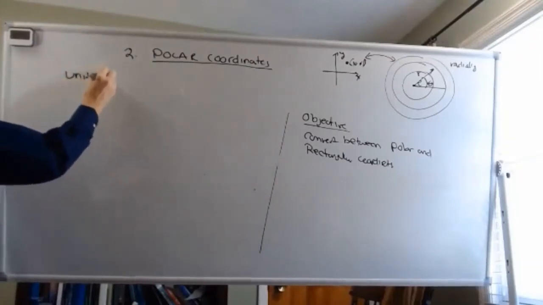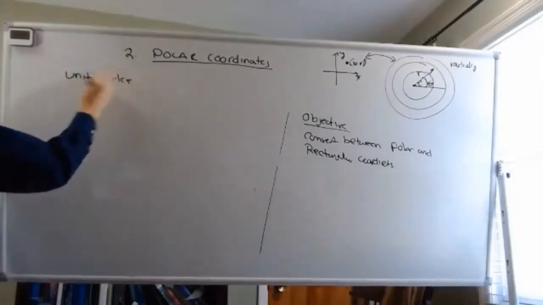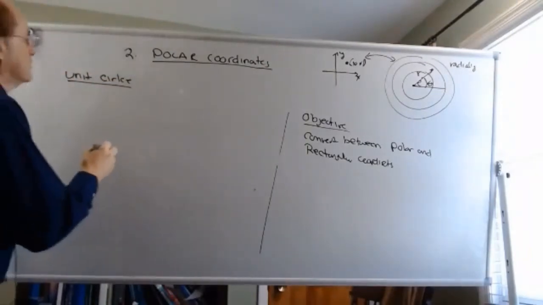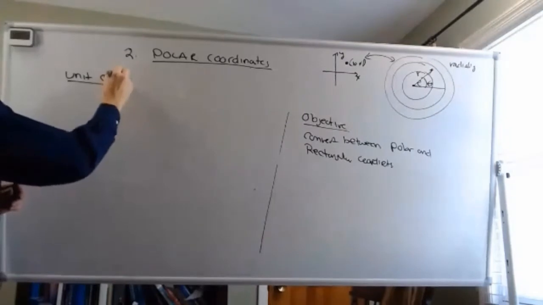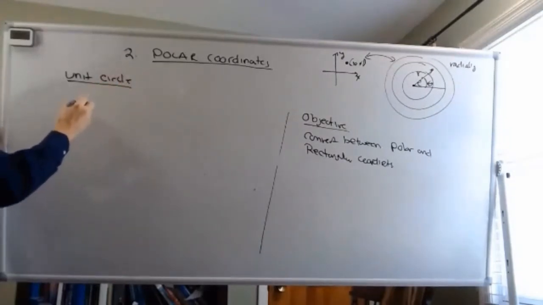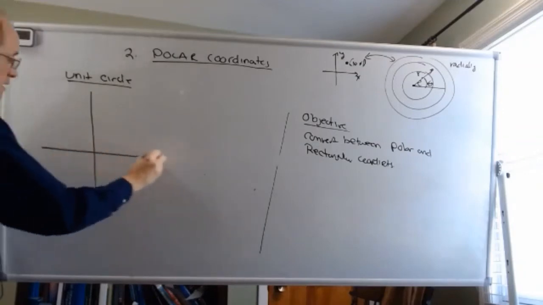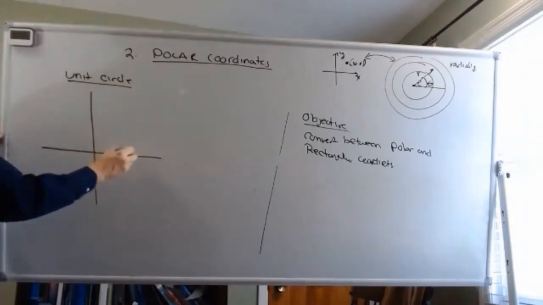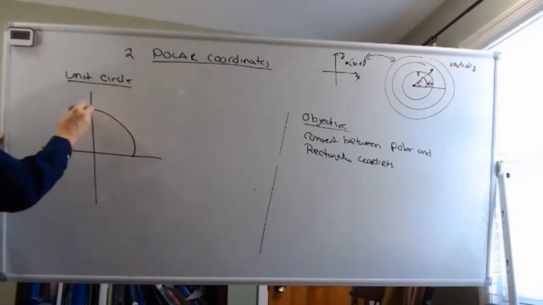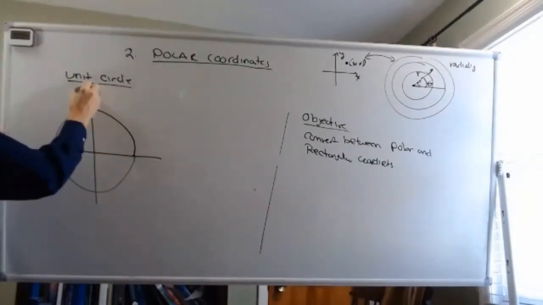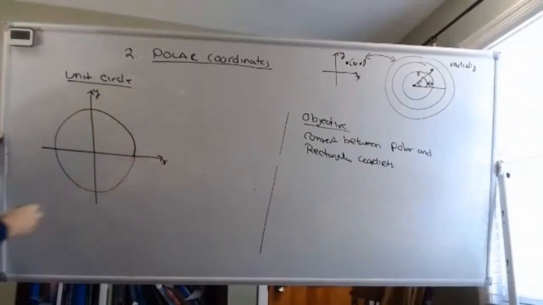You notice I've been using the unit circle all throughout. That's why I started with it, because it helps you all throughout. And let's draw a unit circle over here. And typically we drew that on a rectangular coordinate system. Remember that.